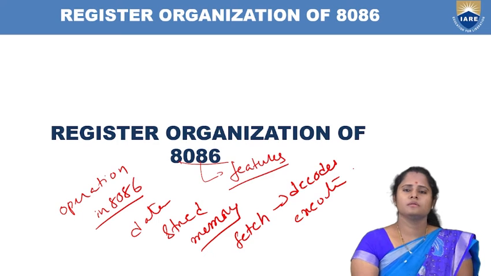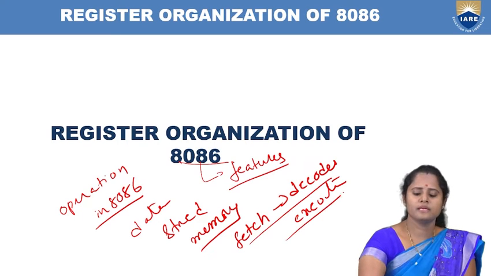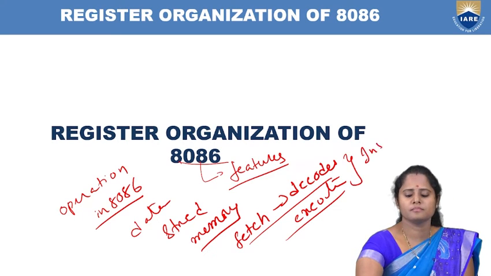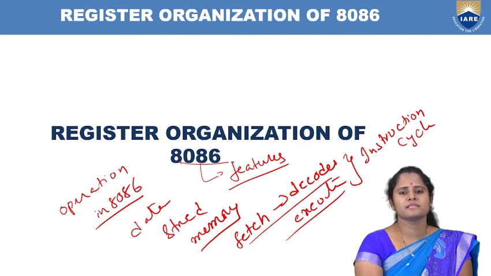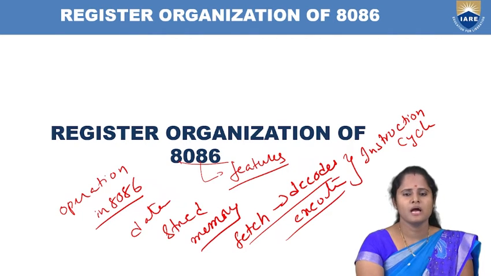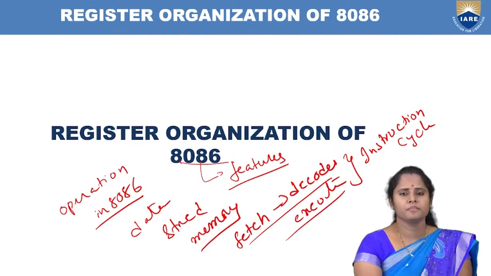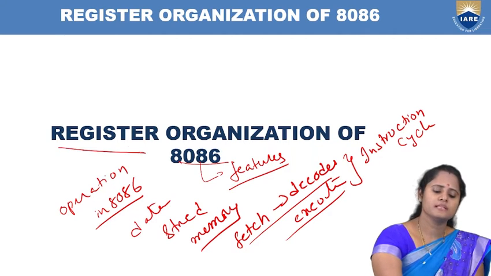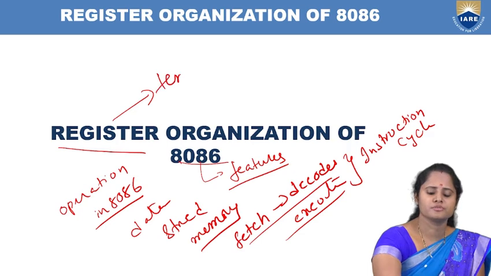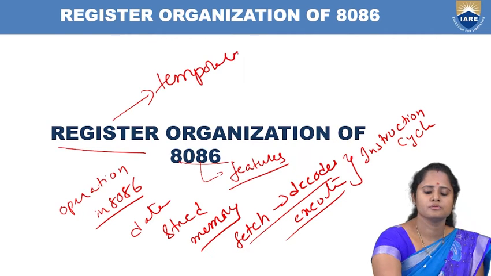That is what we know as the instruction cycle. So in order to execute any program, we need a storage element which is present in an 8086 apart from the memory. Apart from memory, we have a register, which is a temporary storage.